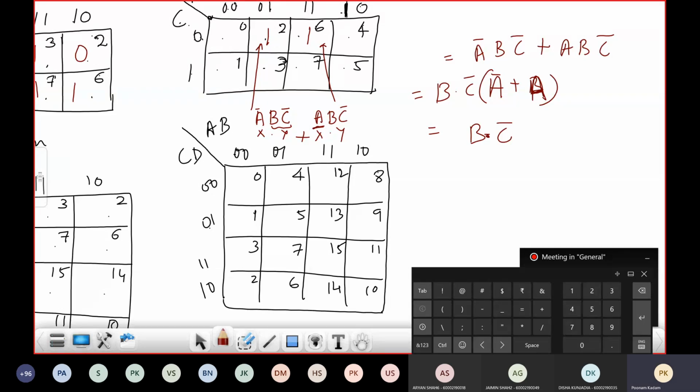Same thing we are doing here in the K-map. You see this cell and this cell. Only one variable is changing, the rest two variables are same. If you compare the two min terms, what is that variable which is changing? A, right? Here A is 0, here A is 1.